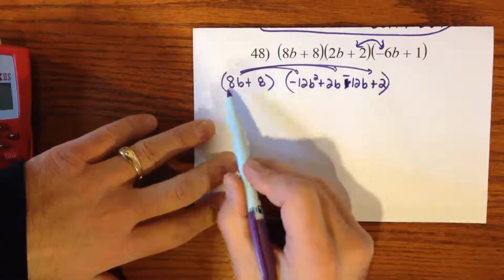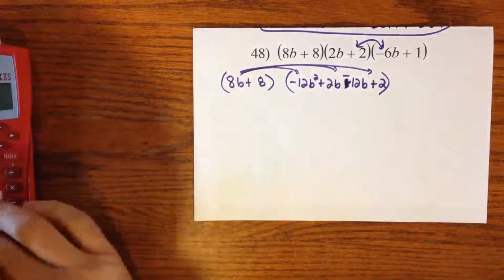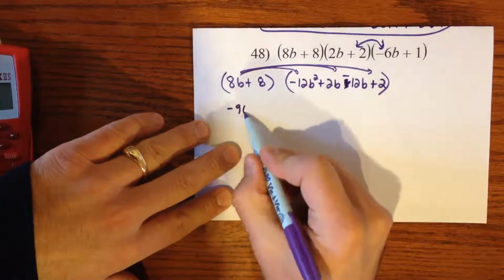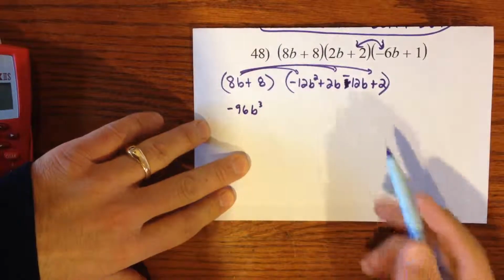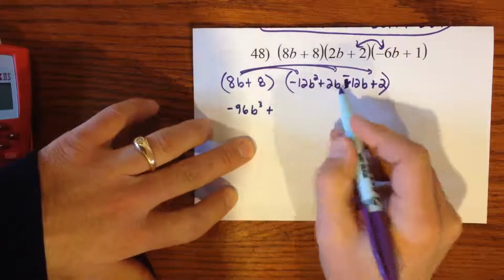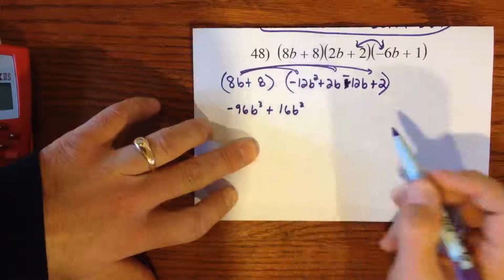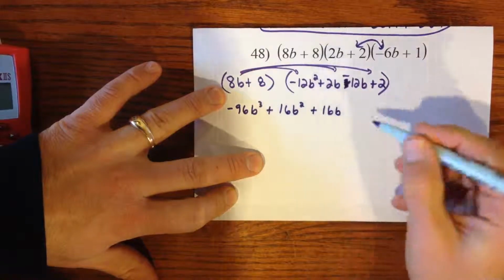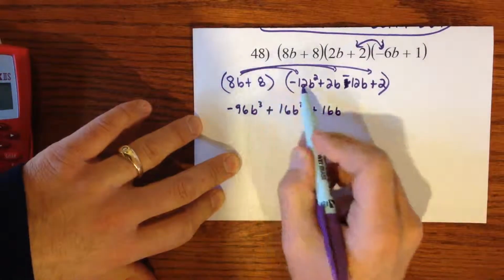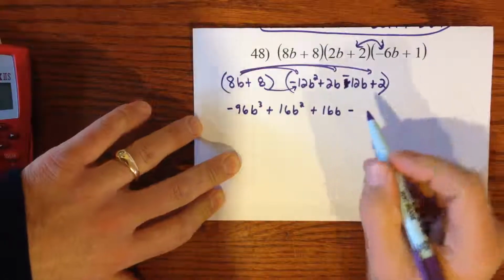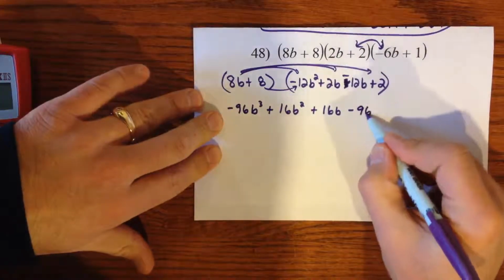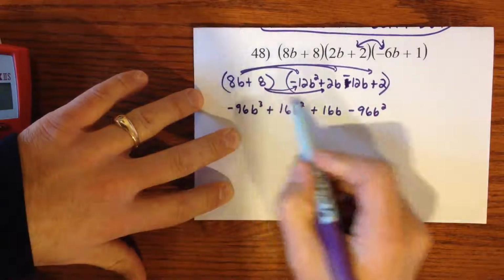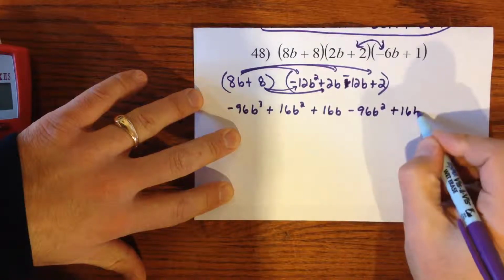We're going to do 8b times negative 12b, which is negative 96b cubed, plus 8b times 2b is 16b squared, and then 8b times 2 is just 16b. Then I'm going to have a positive times a negative here, so that's negative 96b squared. 8 times 2b is 16b.